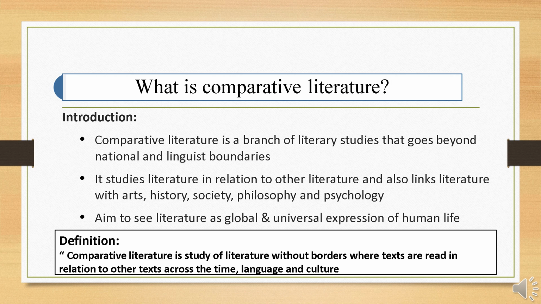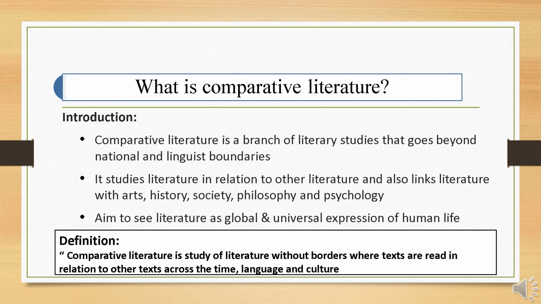What is comparative literature? Here I am explaining in a very simple way so that you can easily understand and take notes. This will also help you in writing exams. Comparative literature is a branch of literary studies that goes beyond national and linguistic boundaries.